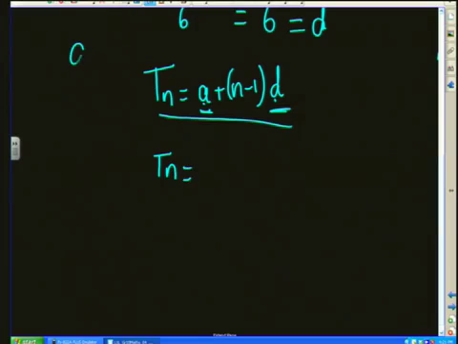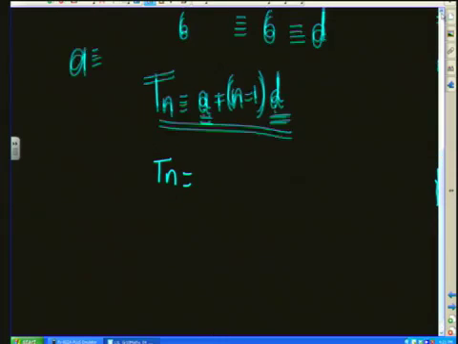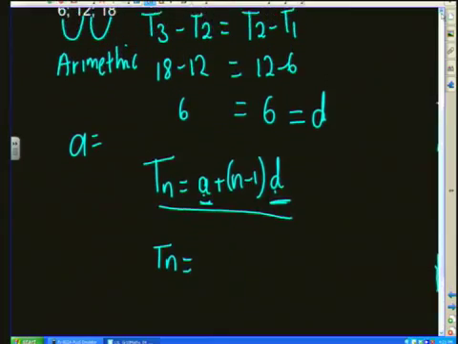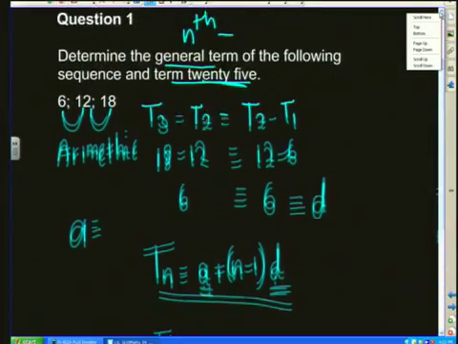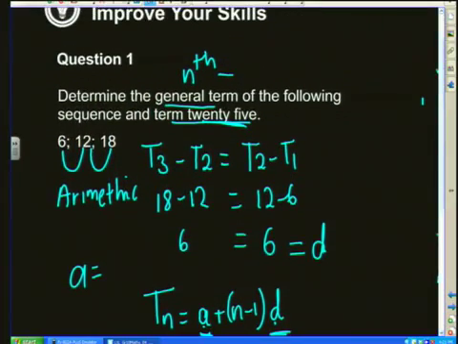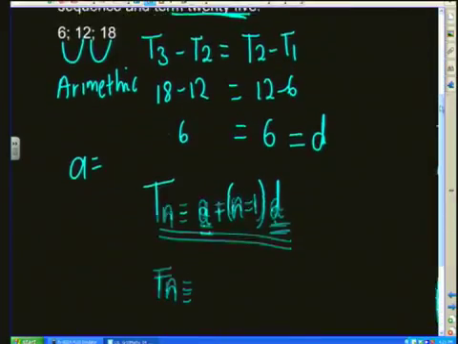In our given sequence, we know that a, our first term, is actually equal to 6. So therefore, I've got a is equal to 6.